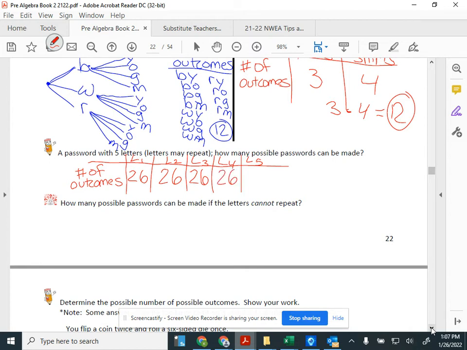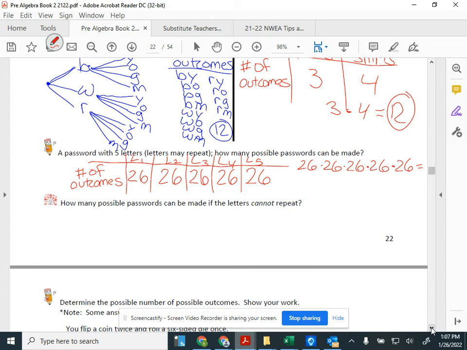Letter 5, Leah? 26. So what math am I going to do to solve the equation? What is my calculation that I have to perform? Izzy? 26 times 26 times 26 times 26, 26 to the power of 5.